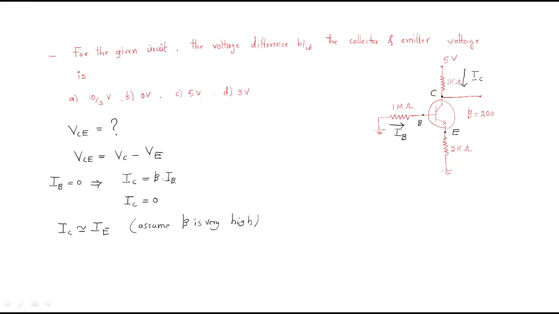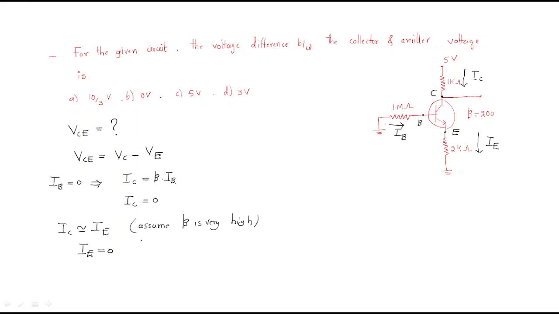Here the collector current is 0, so what about the current flowing through the emitter? Also 0. So we can write the emitter current IE is also 0, because the collector current will flow through the emitter. The base current is also 0, that's why the emitter current is 0.